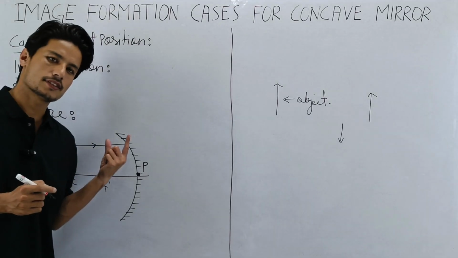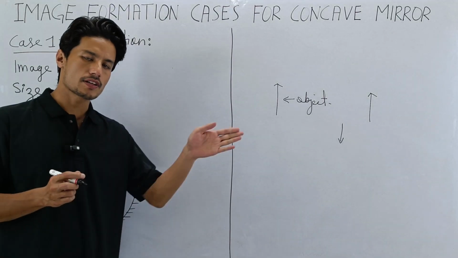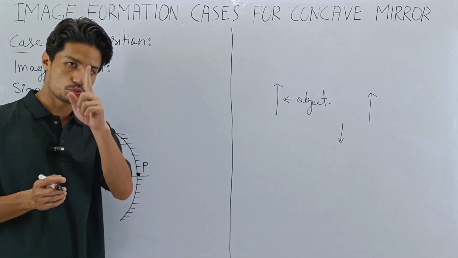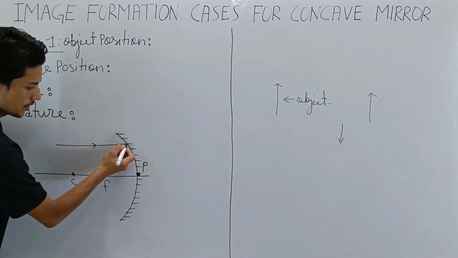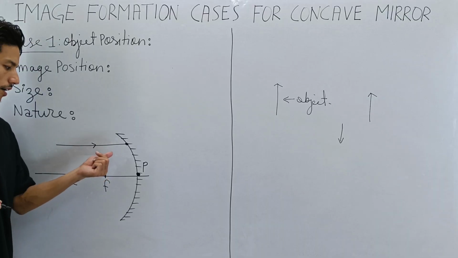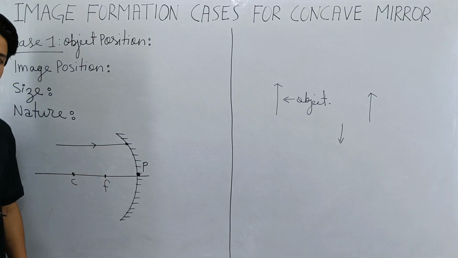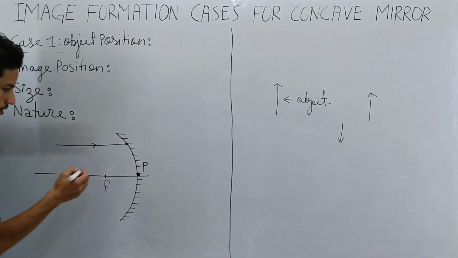Which rule is this? Can anybody tell me in which rule the incident ray travels parallel to the principal axis? Correct, rule 1. Then after reflection, how will this incident ray pass? Yes, it will pass through focus.